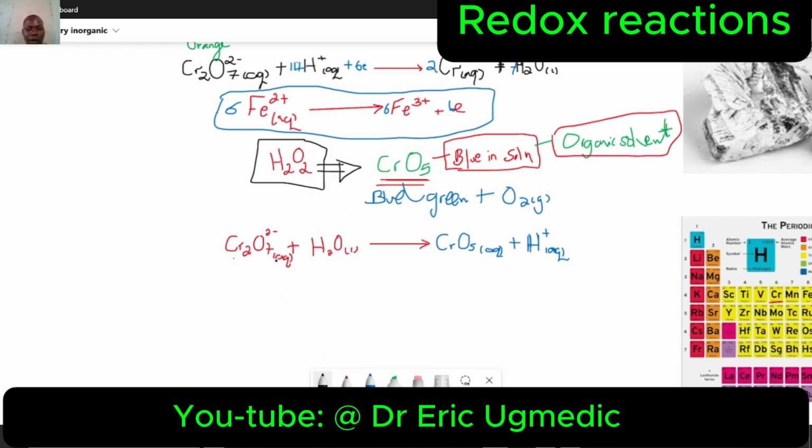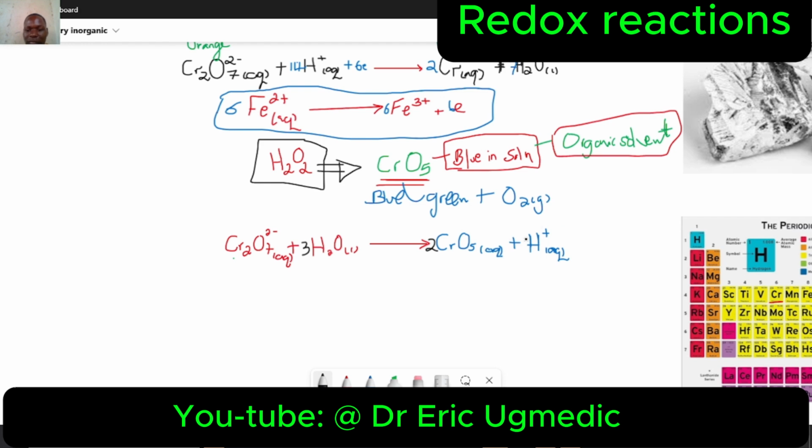We have chromium 2 on this side, we shall put a 2, and this will directly affect the oxygen to 10. So we have to balance. This side we have how many oxygen atoms? We have 7 plus 1. So how do we make it 10? We can multiply here by 3. And that will directly affect the hydrogen atoms to 6. So we have a 6 and everything will be balanced except the charge.